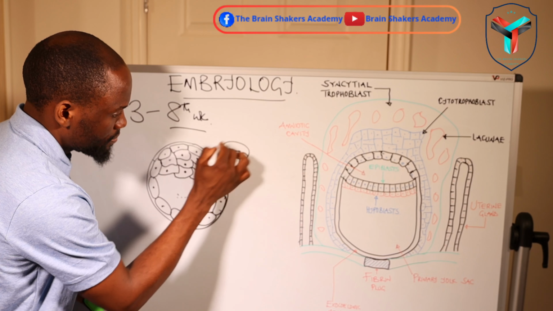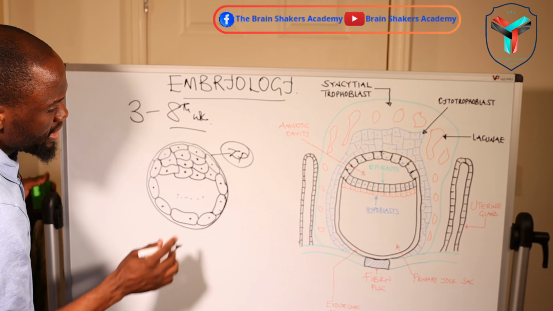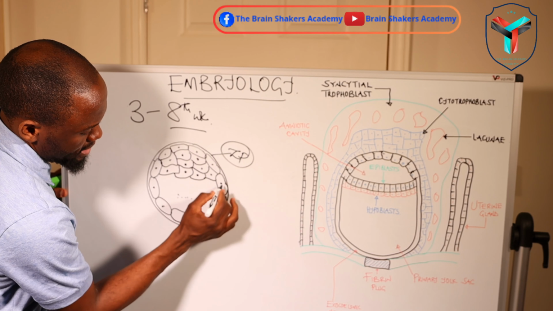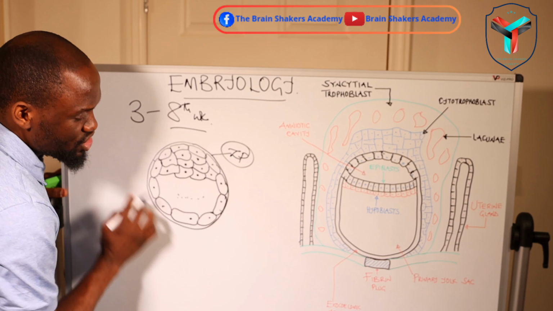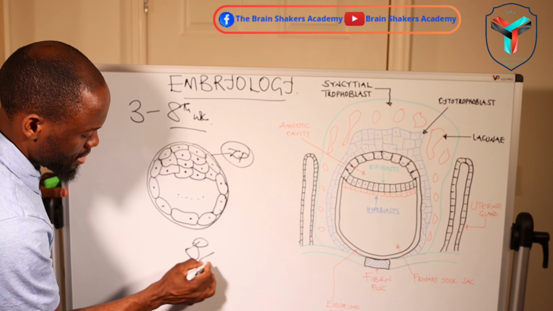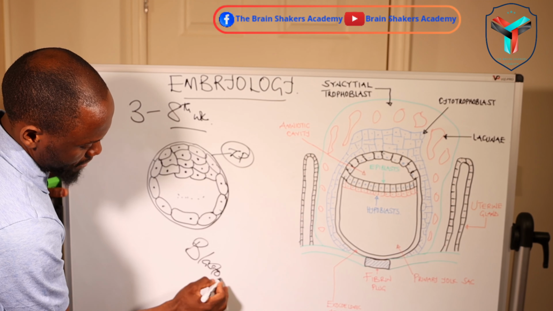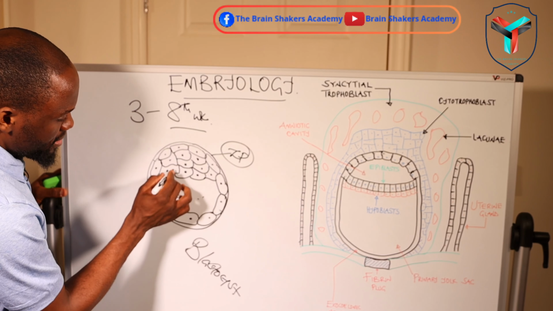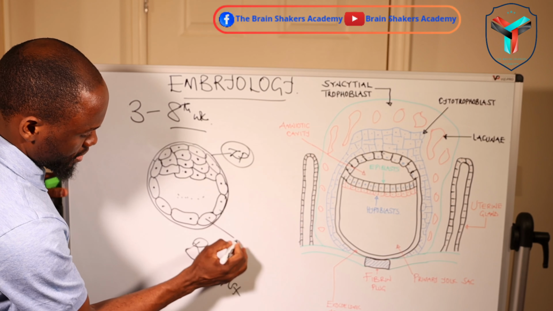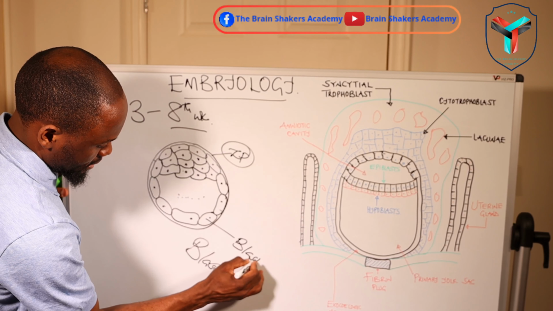It is obviously going to degenerate. Because it has changed its name, this structure is now known as a blastocyst, and each individual cell is a blastomere.